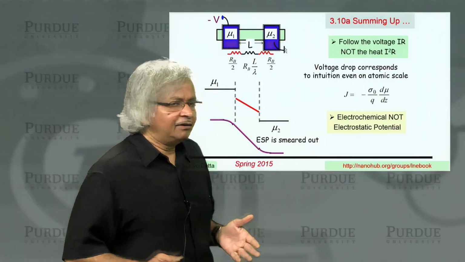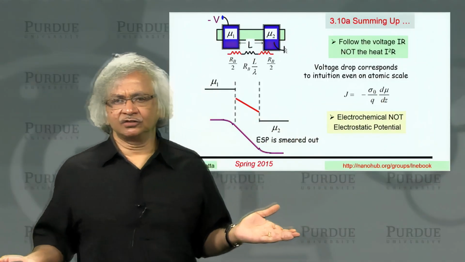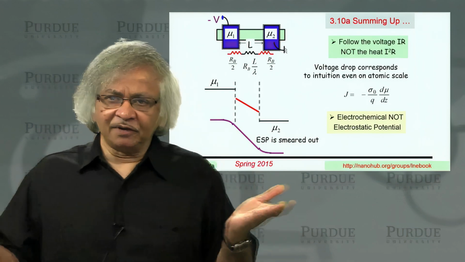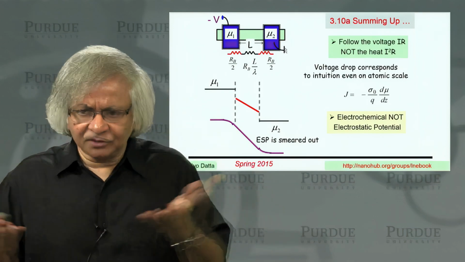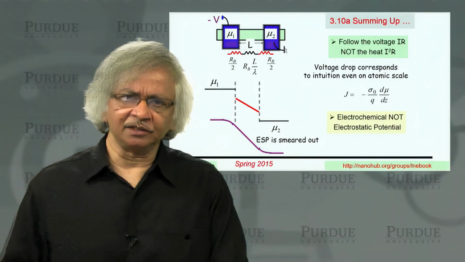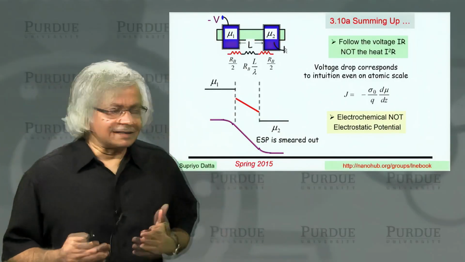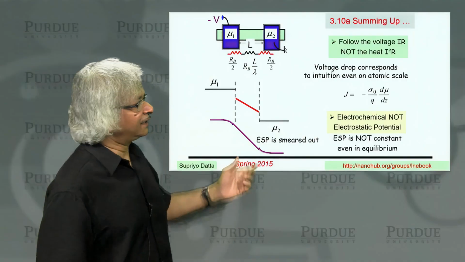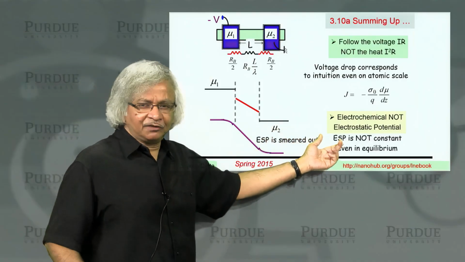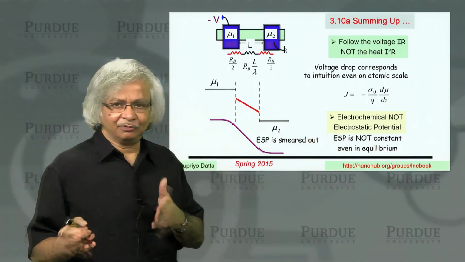On the other hand, electrostatic potentials don't have to be the same everywhere at equilibrium. On the microscopic level, there are all kinds of electrostatic potentials, even at equilibrium. And so it's conceptually confusing to try to associate that with current flow.